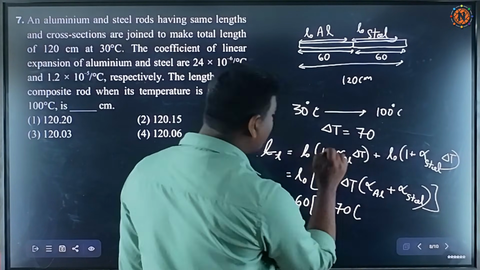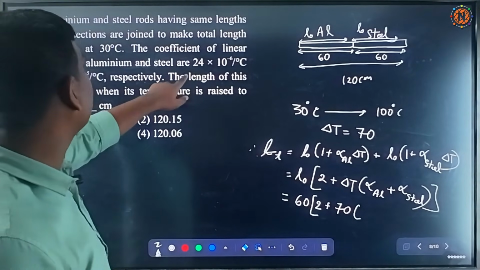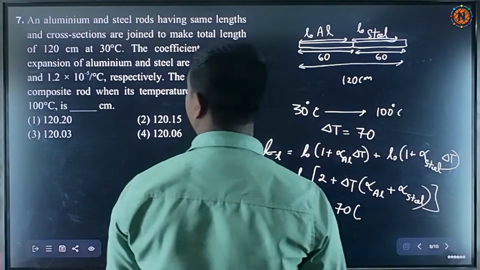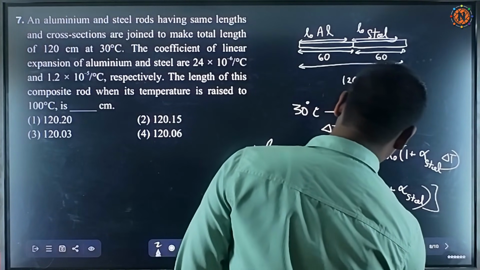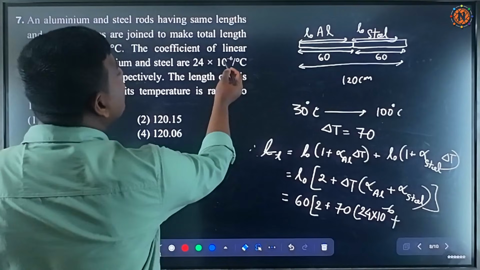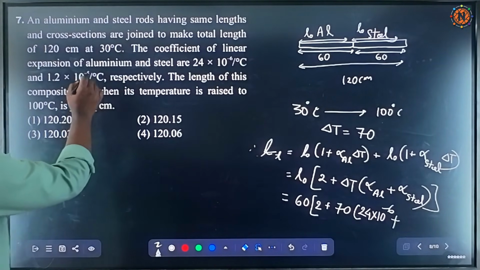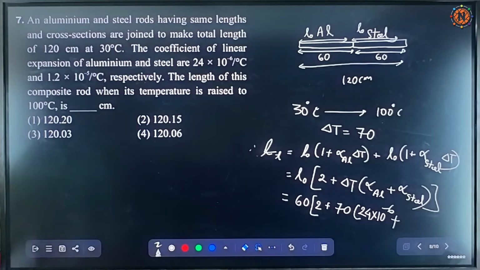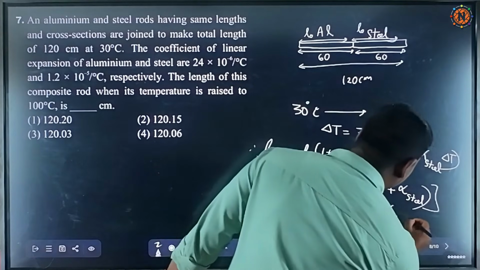And alpha aluminum is given as 24 into 10 to the power minus 6 plus, see this is given in 10 to the power minus 6 and this is given in 10 to the power minus 5. Let us convert it into 10 to the power minus 6. So we will have to multiply by 10 here.